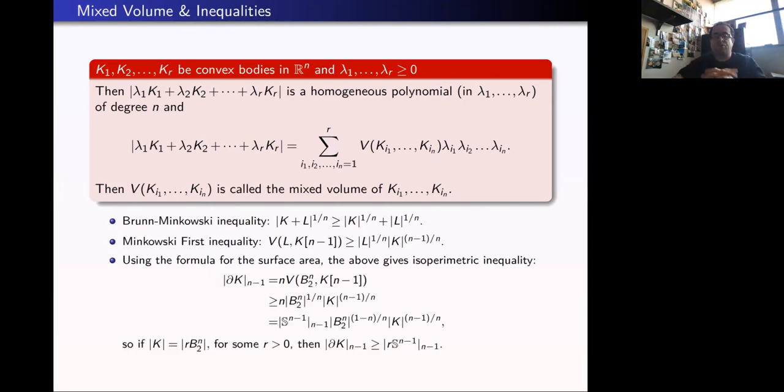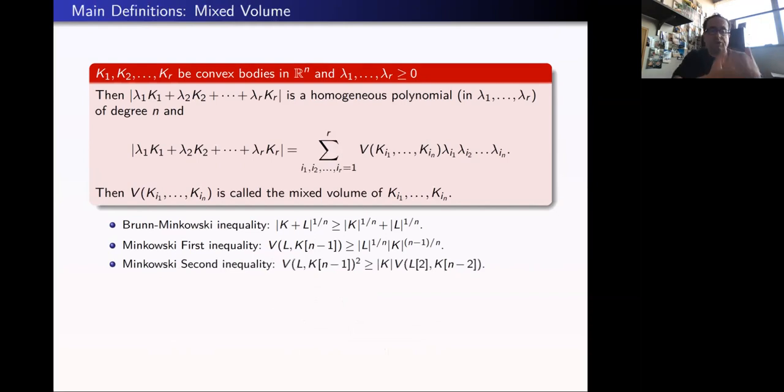I go a bit fast over it, because everything that's written here is very simple, and it just shows the power of those tools, and I don't need more than that to move forward. You can also have a second Minkowski inequality, studying a bit more the first Minkowski inequality.